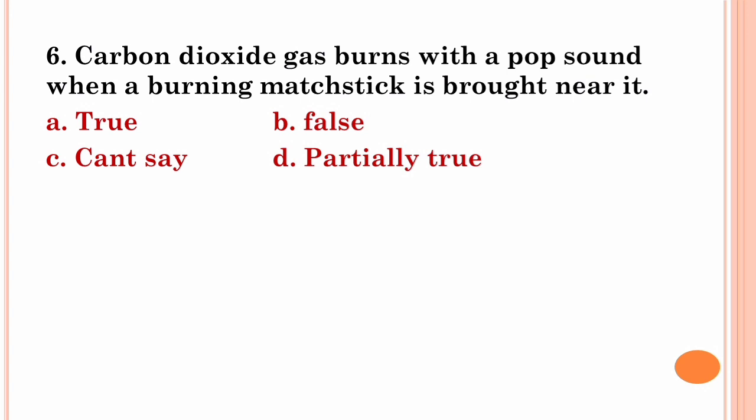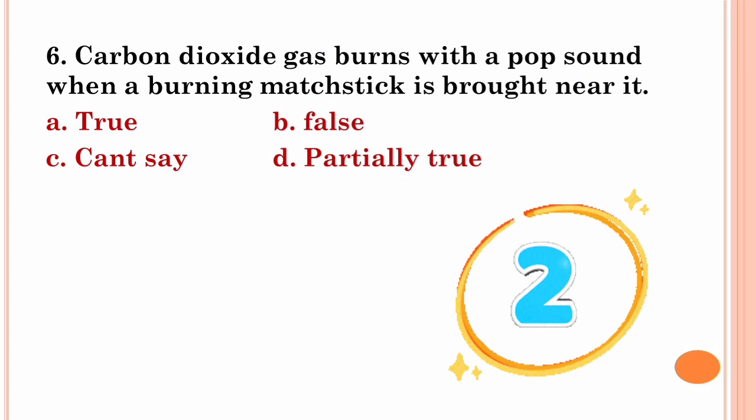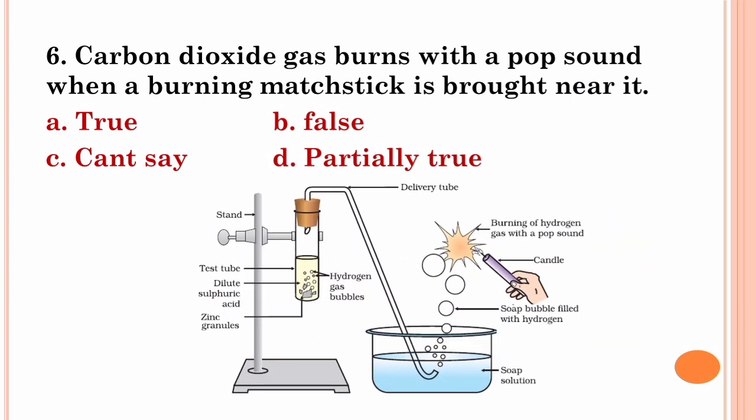Question number 6. Carbon dioxide gas burns with a pop sound when a burning matchstick is brought near it. True, false, can't say, partially true? If you recall in chapter 2, acids, bases and salts, and even in lower classes, we have learnt that the pop sound is the characteristic test for the gas hydrogen.